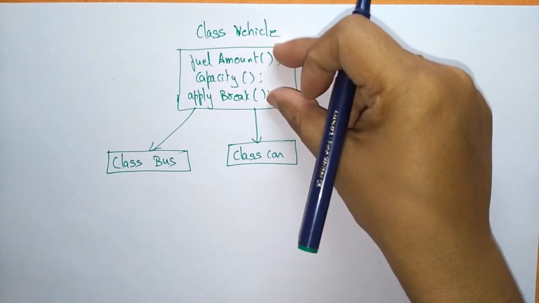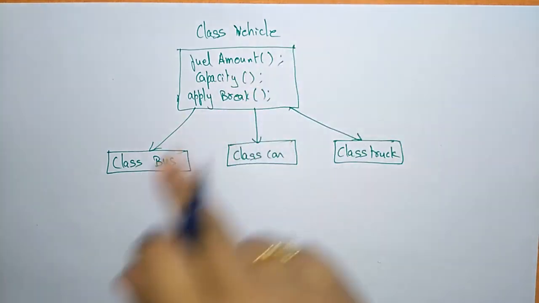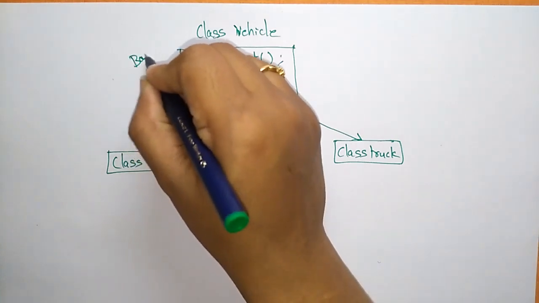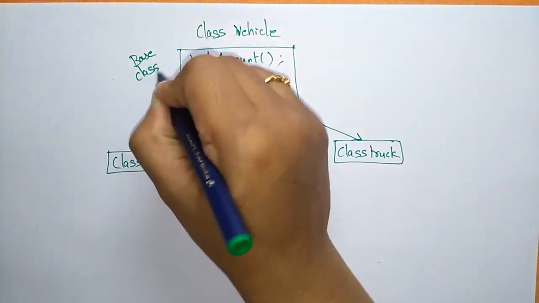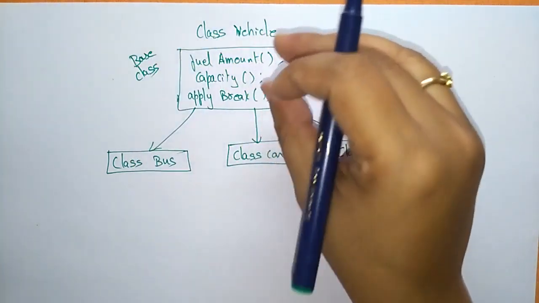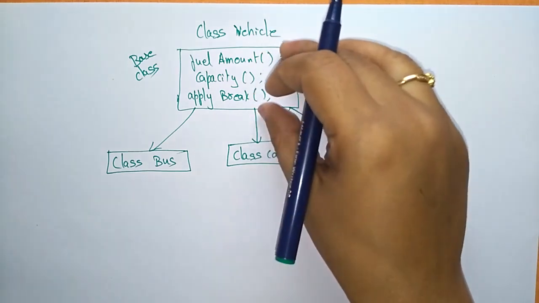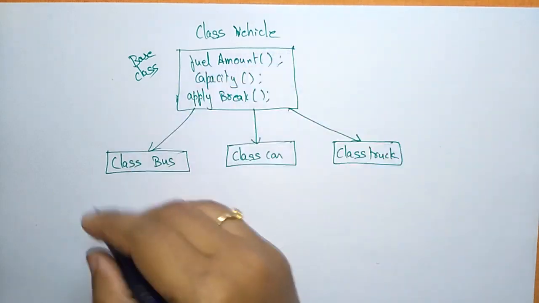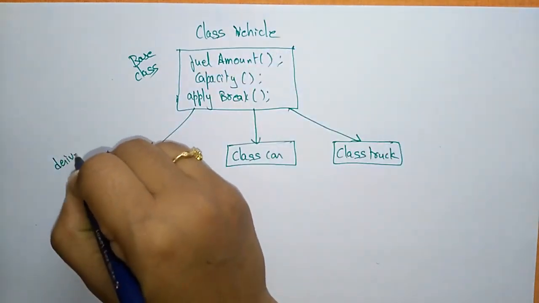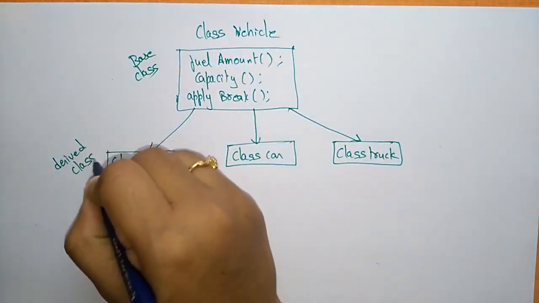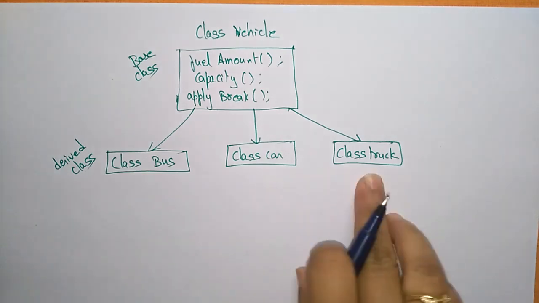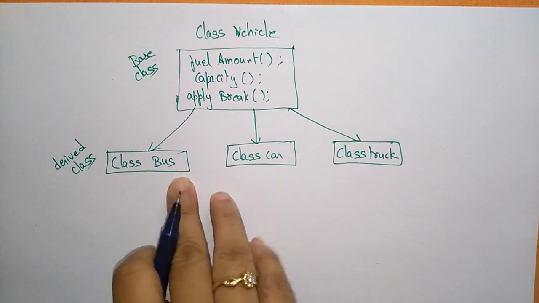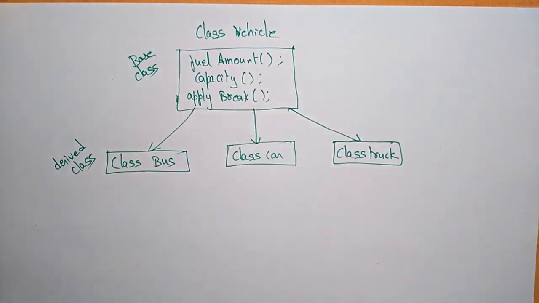With the help of the base class, I'm inheriting its properties. Here I'm declaring whatever common functions, methods or variables are used, and whenever I require them, I use them in the derived class. Class bus, class car, class truck: these are the three derived classes, and they acquire the properties of the base class.